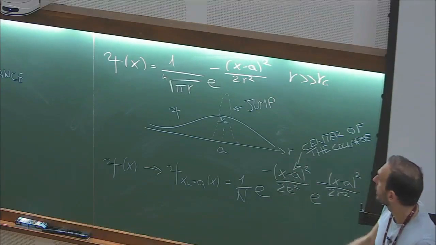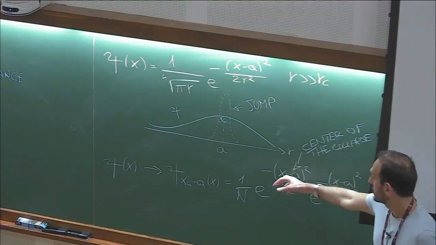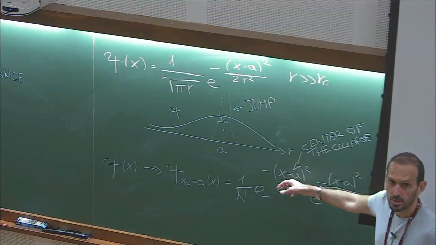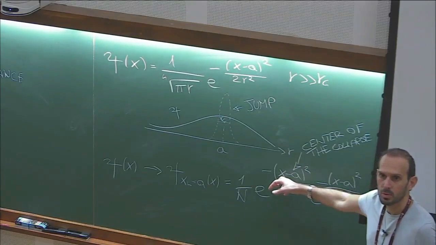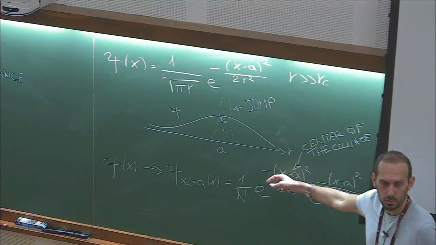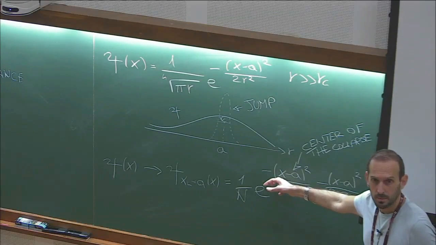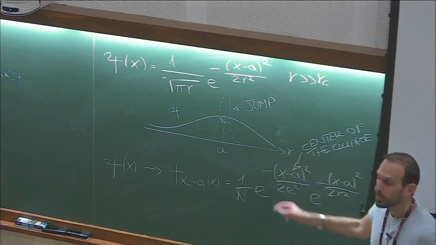Remember that the localization operator was e to the minus the position operator minus the center of the collapse. Now we are in the position representation, so the position operator becomes just the position x minus the center of the collapse.